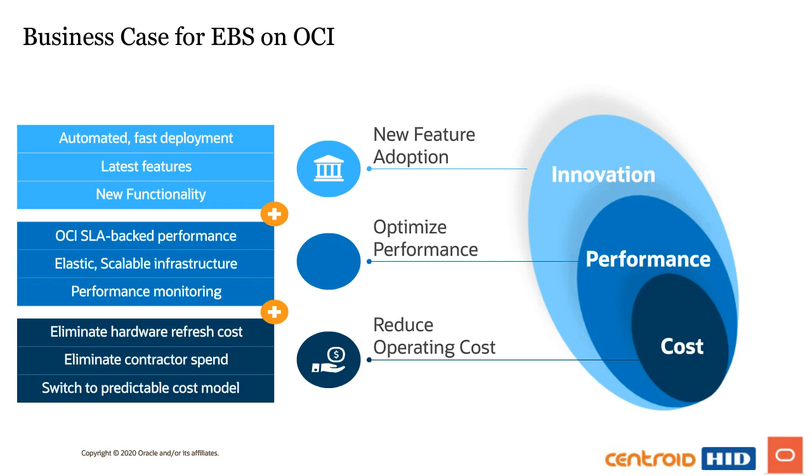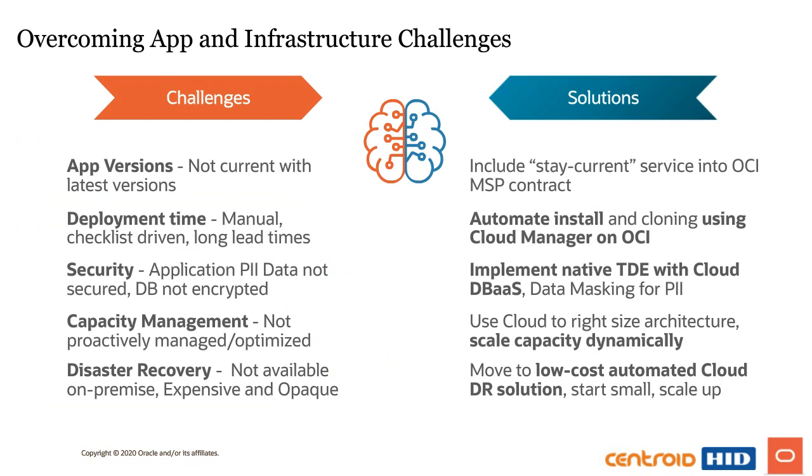Some of the challenges that most organizations have with their on-premise is not always updating their systems with the latest versions of their applications or technology, and sometimes their deployment times and long lead times. So a lot of times upgrades or new applications and features don't come along, even the major patches, unless somebody goes through a hardware refresh, and then they take those long cycles to do those things, both for the business as well as technology.